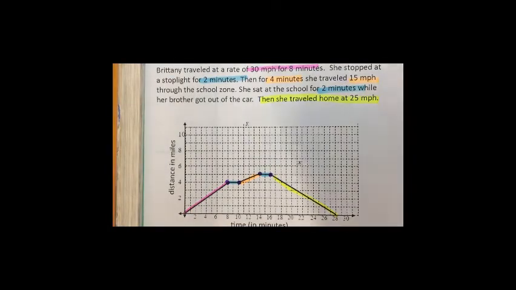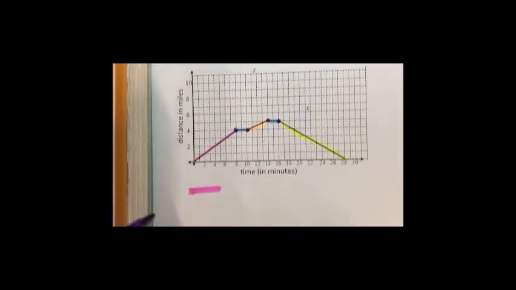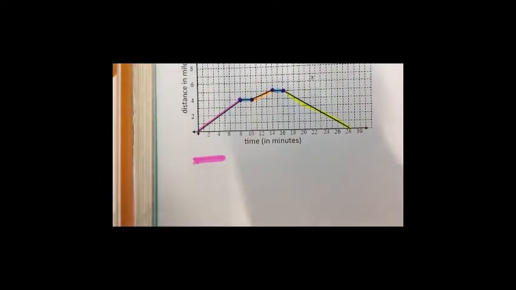So if I think about this girl Brittany traveling for 8 minutes at 30 miles per hour, she is starting at 0 minutes. She gets in her car, right? So here's my pink. I can write an equation, but I also have to think about the domain of this.